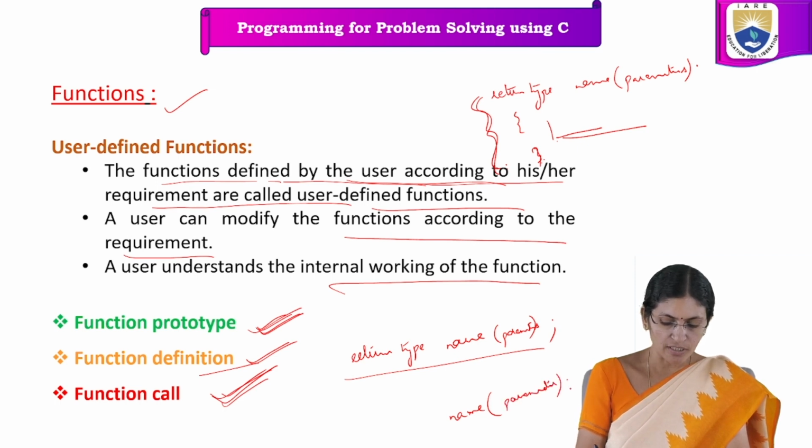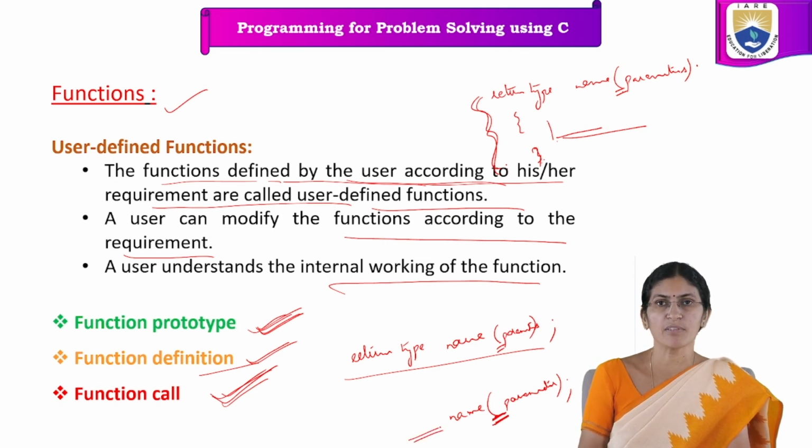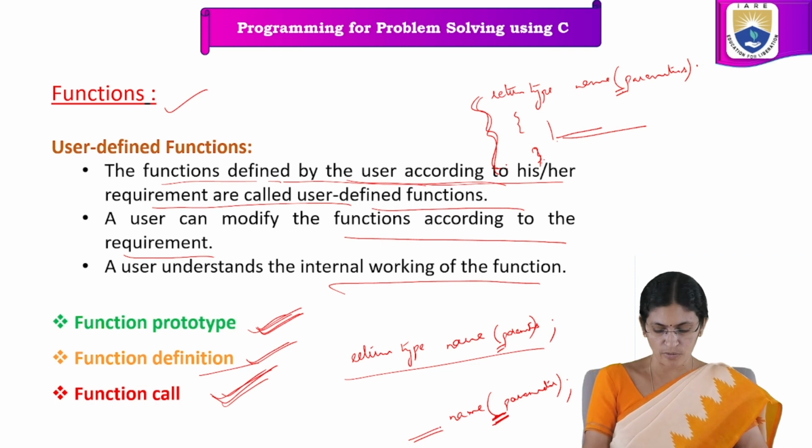We need to mention the data type of the parameters in the function prototype as well as the function definition. Here in the function call, there is no need to mention the data type of the parameters, and also no need to mention the return type of the function.